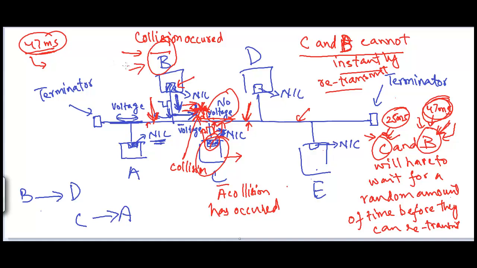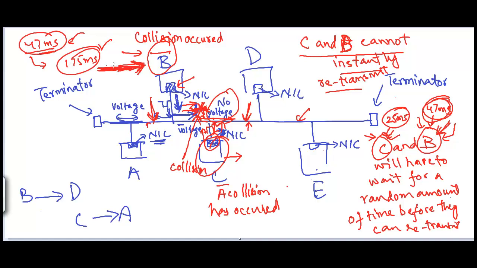So the second time, if B transmits and a collision occurs, it is going to get a much higher wait time. That definitely is going to be more than 47 milliseconds, so maybe 175 milliseconds this time. And this makes sense.